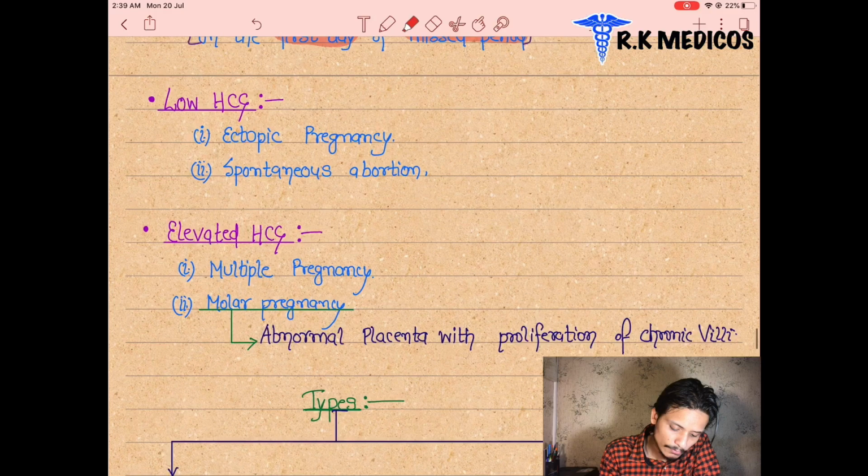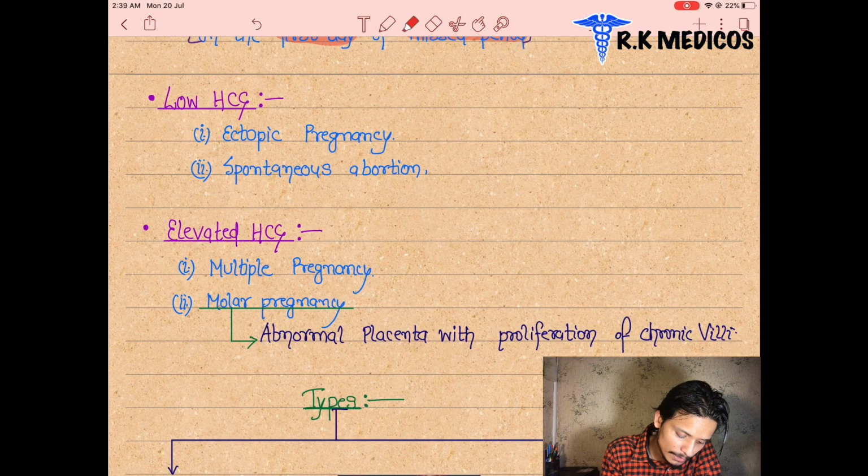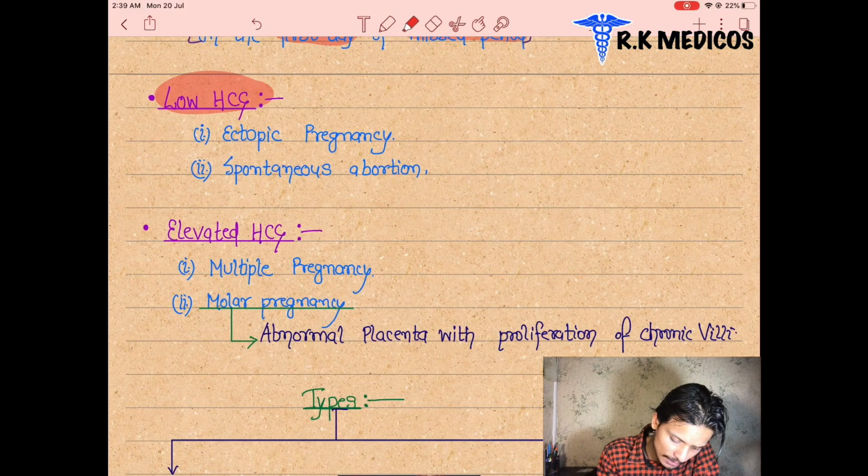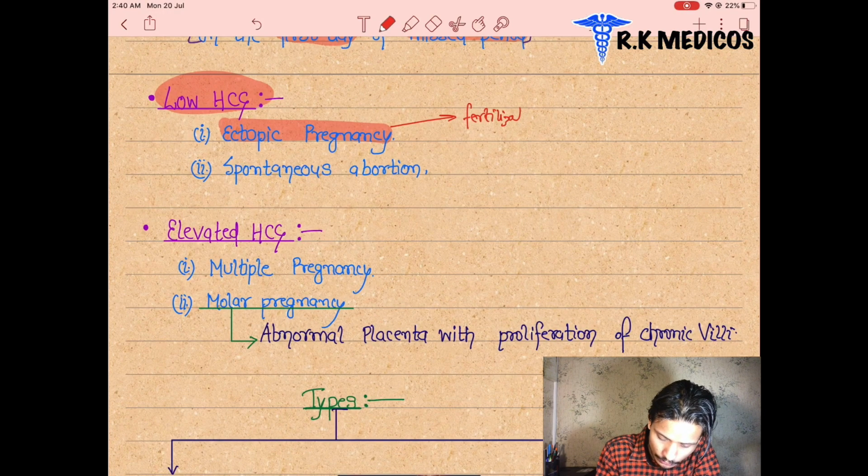Next point, the HCG level will be low when the lady has an ectopic pregnancy. What does it mean? Ectopic pregnancy is simple: fertilization in the fallopian tube.